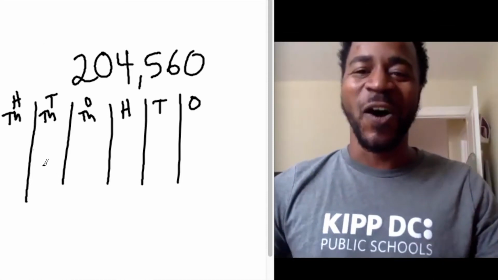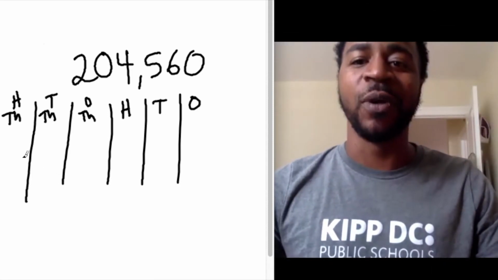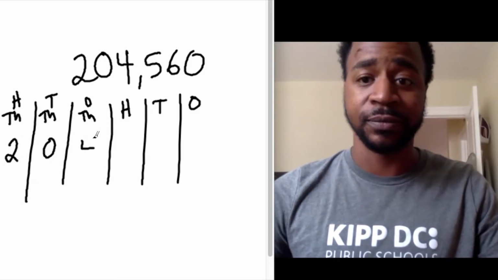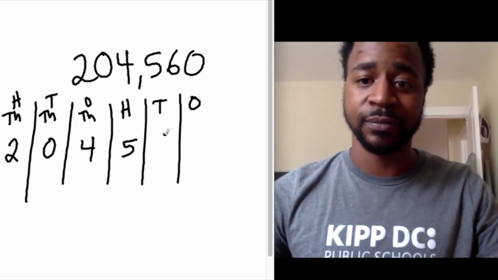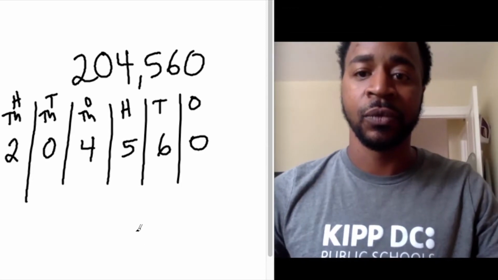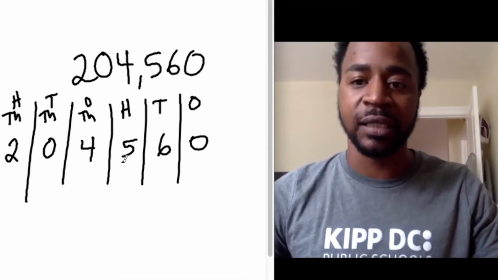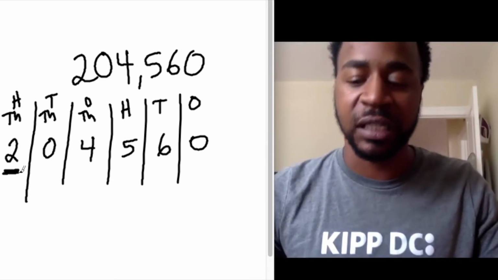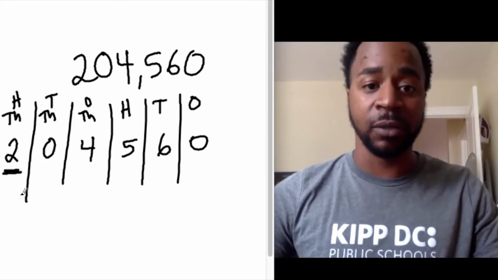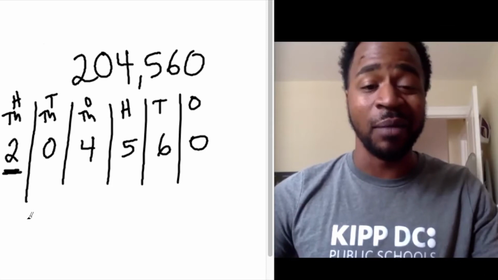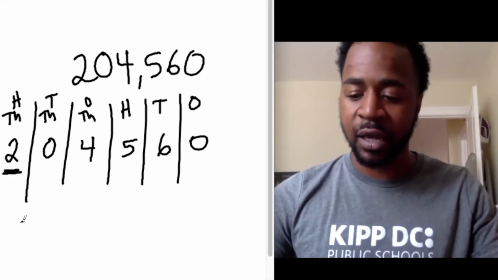Okay, good job. Next, we're going to put the number in the chart. So when we put the number in the chart, we want to start with the biggest place and write the value of the digit. So our largest number is going to be the 200,000. And if you're unsure about how many zeros you put behind it, it's okay.